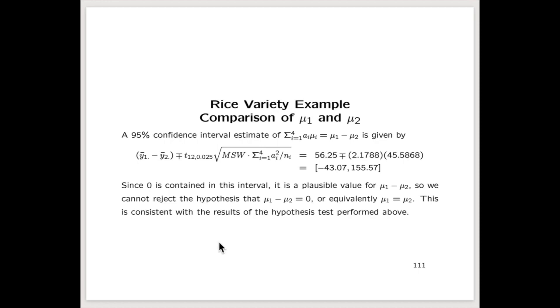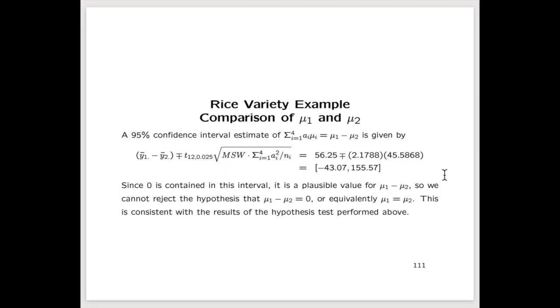Before we go on to the next comparison, we want to construct a 95% confidence interval for mu1 minus mu2. Using this formula, we get a 95% confidence interval that ranges from negative 43.07 up to 155.57. Because that interval contains 0, 0 is a plausible value for mu1 minus mu2.